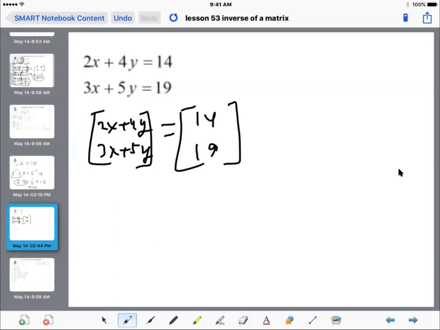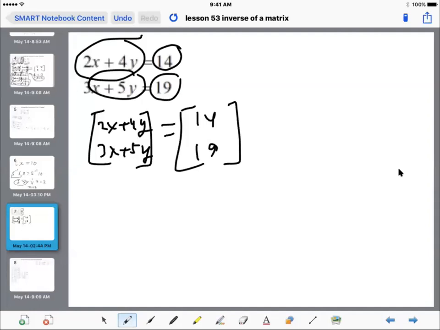It's just if this really equals 14 and this really equals 19, then the 2x1 matrix that has 2x plus 4y as its first element, row 1, column 1, and 3x plus 5y as row 2, column 1, should equal the 2x1 matrix with 14 as row 1, column 1, and 19 as row 2, column 1.